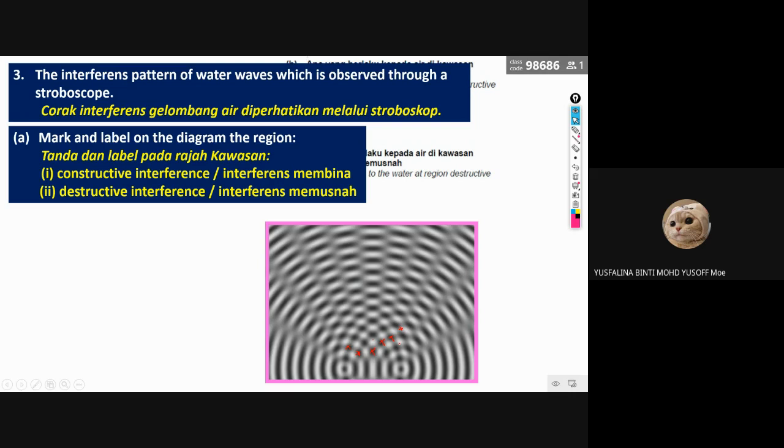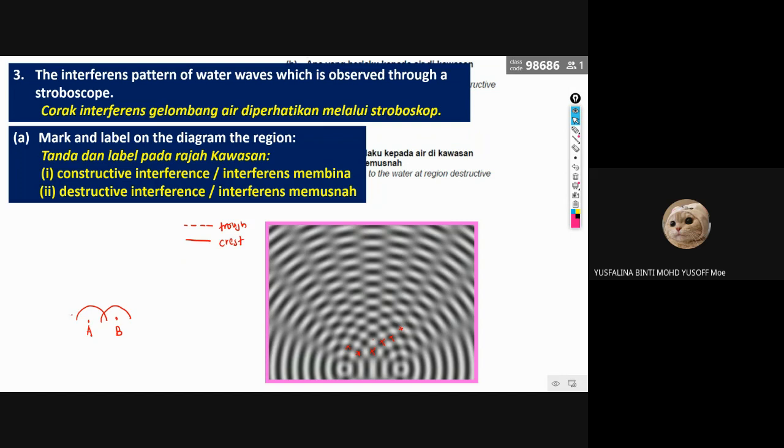For this one, the picture is not so clear. So maybe if I draw for you, let's say this is source A and this is source B. Usually they will use the dotted line as the trough, while the straight line represents the crest.